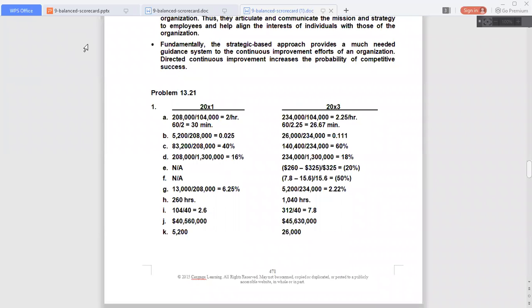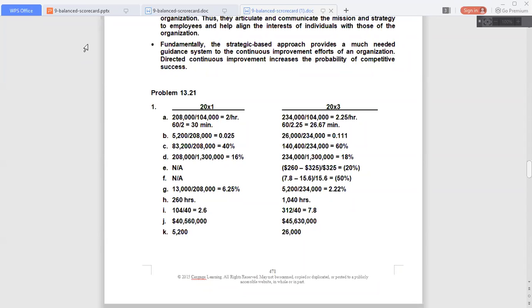Actual velocity and cycle time. So in number 1, we have the actual velocity. 208,000 divided by 104,000, we have 2 hours. So 60 divided by 2 is 30 minutes. So we are now given 208,000, that's the actual production. That's why actual velocity is asked. So the actual production of 208,000 divided by 104,000, the production hours.